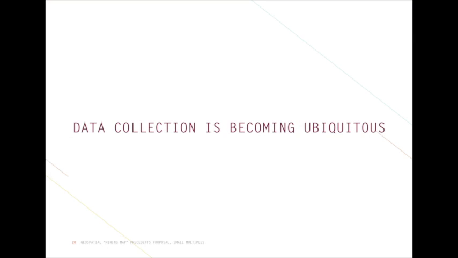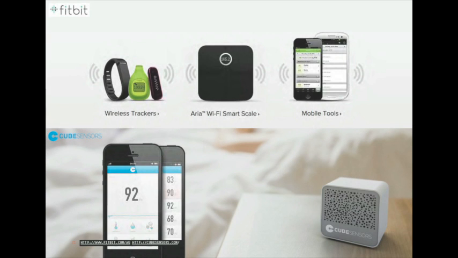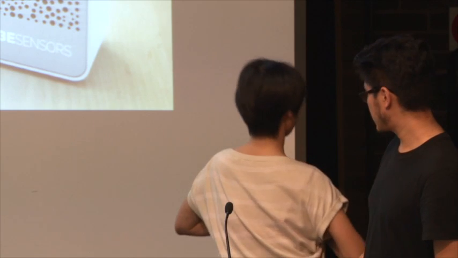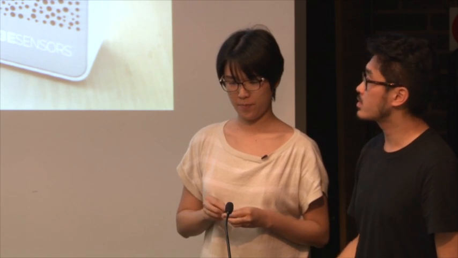That it's just everywhere. Examples such as commercial products. Some of you may have heard of Fitbit. It's a personal activity tracker. It tracks your movements, how much exercise and physical activity you do during the day, how well you sleep during the night, and the change in your body weight and fat to weight ratio.